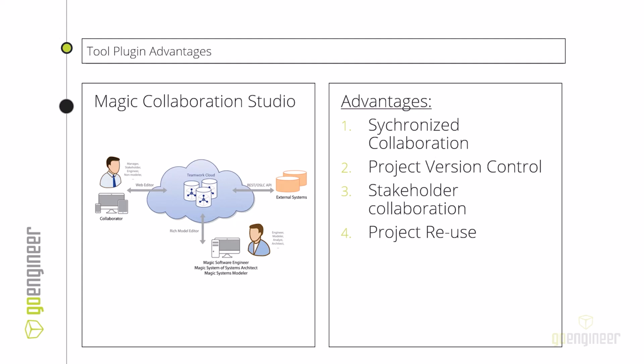If you have a requirements team that is separate from your architecture team, you can have all of them working on the project and updating at the same time and be updated in real time about any changes that are going on. Another big one is the review process that you can have with Collaborator. So it's not necessary when you have Magic Collaboration Studio to have the tool downloaded.